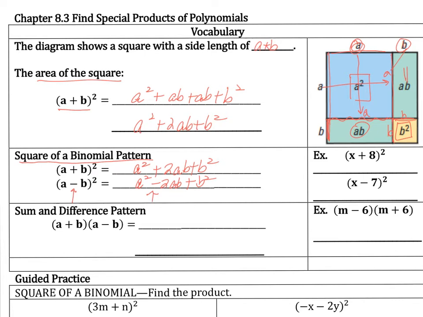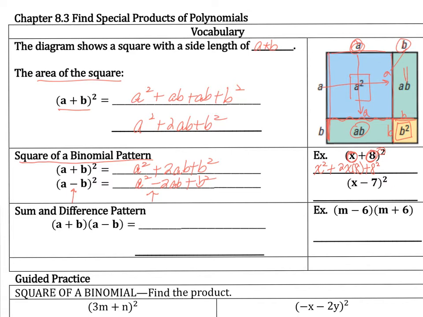Okay, we're going to look at an example here. First, to expand the first binomial, you can take x squared plus 2 times x times 8. And then we're going to add that to 8 squared.